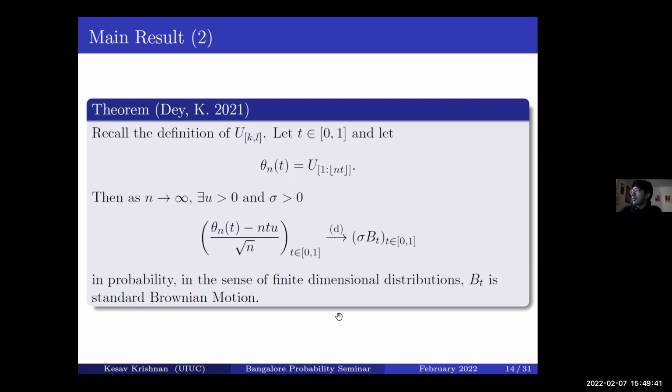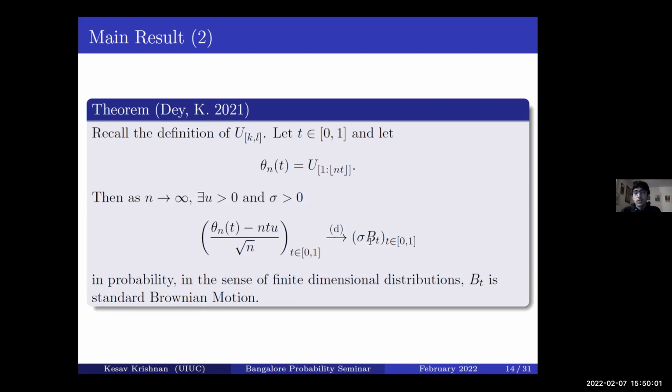You have a limiting distribution for the density of unpaired vertices with respect to the section, which I'm going to call U. And the fluctuation about that is going to be given by standard Brownian motion, scaled by a parameter sigma, which I'll describe later.